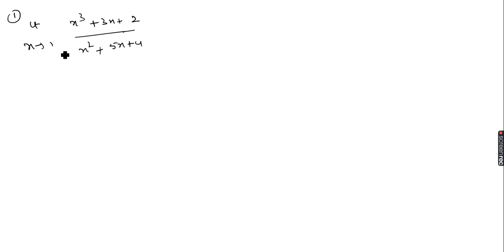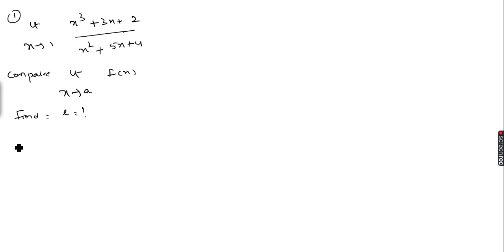So we need to find the limit. The question is: evaluate. So we compare with the limit as x approaches a of f of x. We find L, that is equal to question mark.